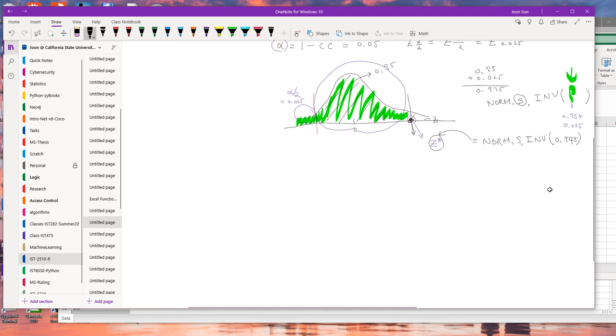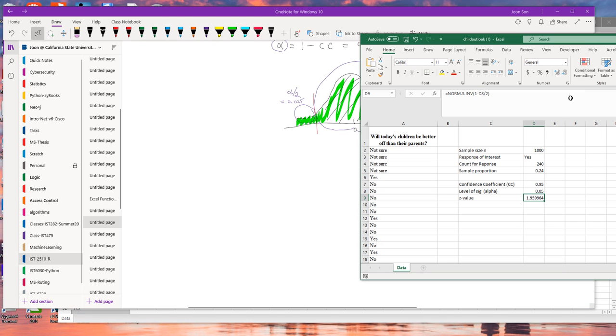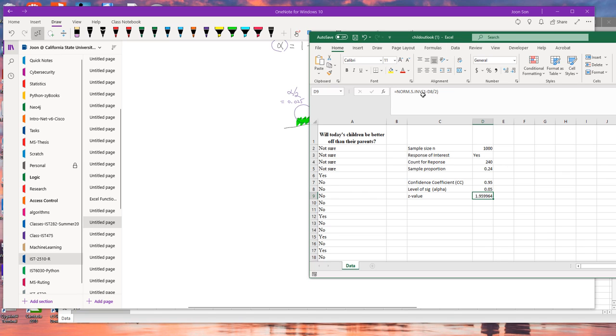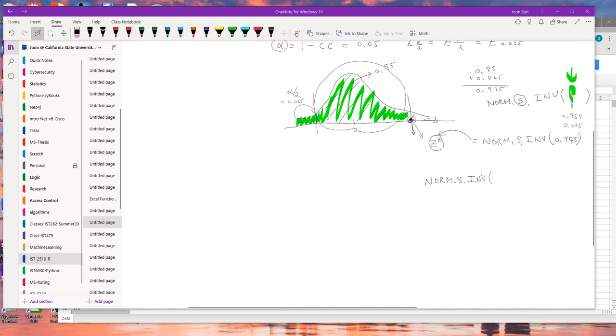However, if this is too much, there's another formula you can use. Basically the same thing, NORM.S.INV, and if you look at my Excel spreadsheet, I used 1 minus alpha divided by 2, which is exactly the same thing.